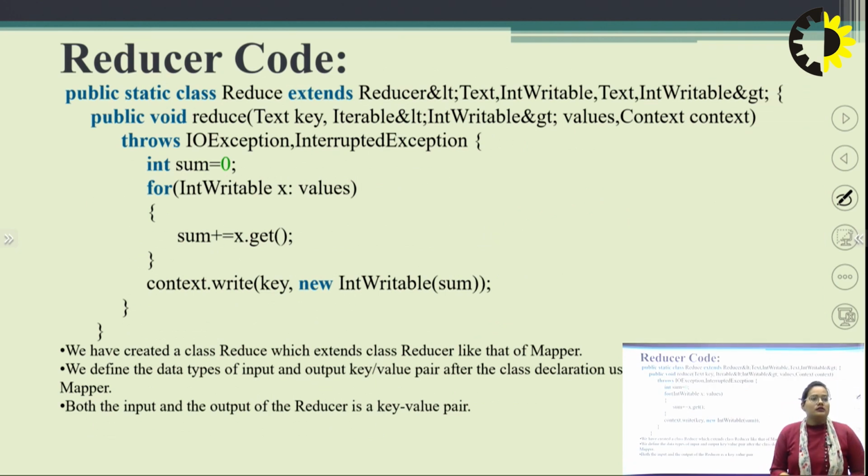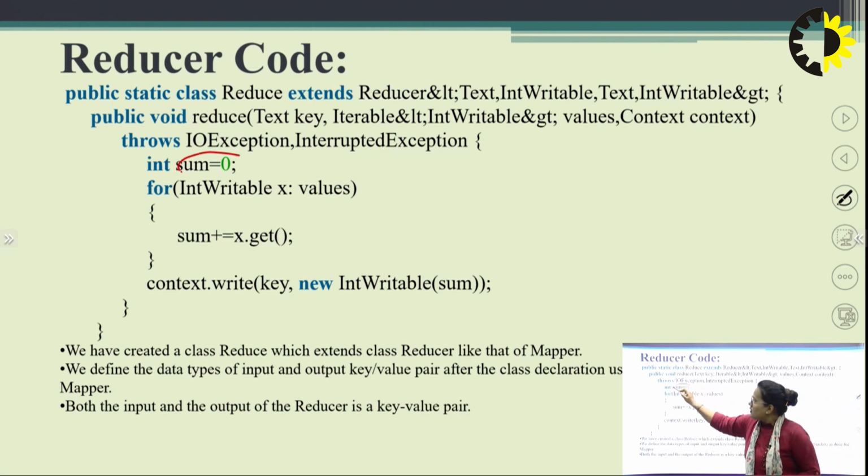Next class will be the reduce class. We have created a class Reduce which extends the class Reducer, like that of the mapper. It's already defined in the MapReduce framework. Both the input and output of the reducer is a key value pair.